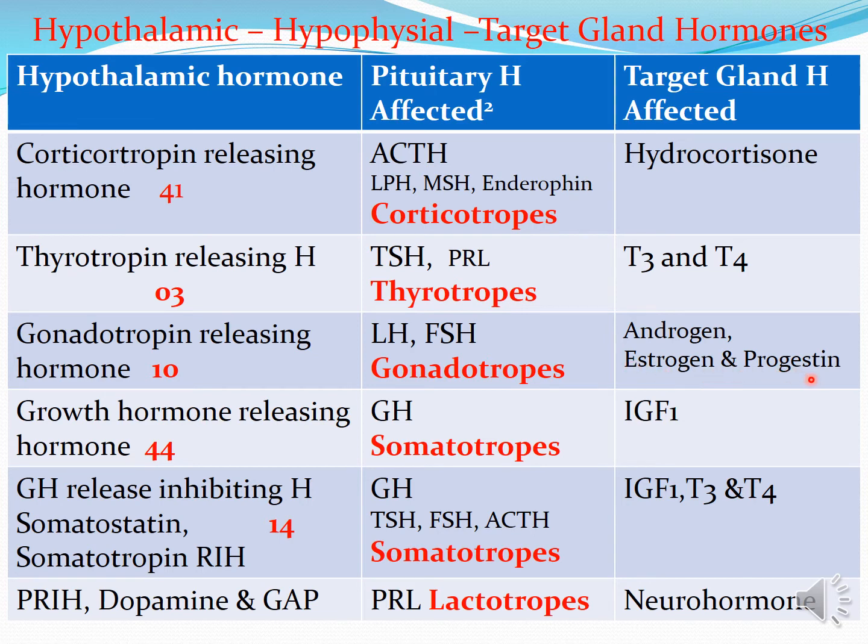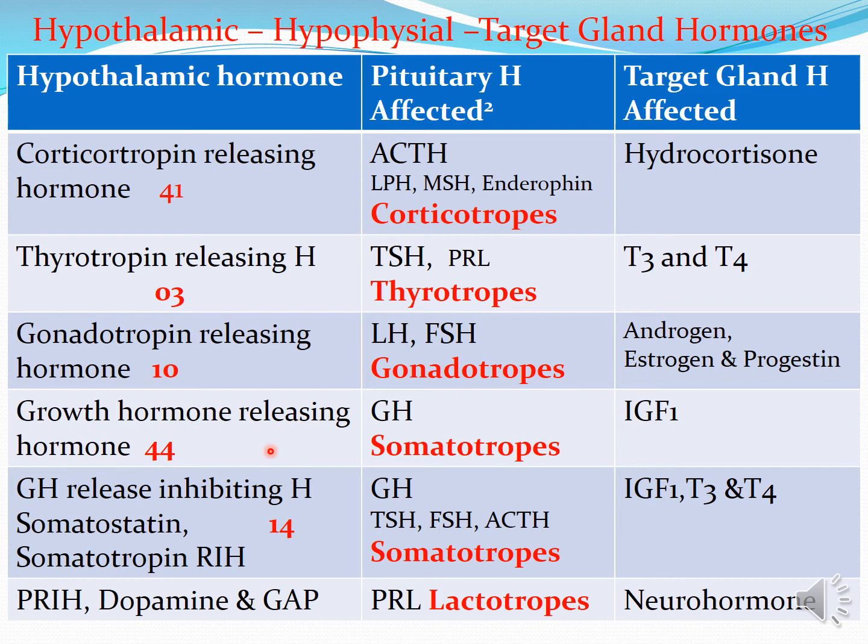Target gland hormones affected are androgens, estrogens, and progesterone. The release of LH and FSH is controlled by the concentration of one releasing hormone, which is called gonadotropin releasing hormone. This in turn is primarily regulated by circulating levels of gonadal hormones that reach the hypothalamus.